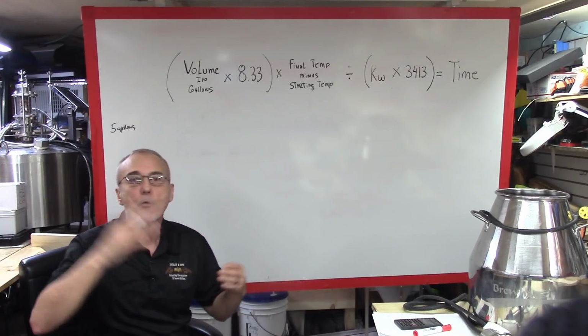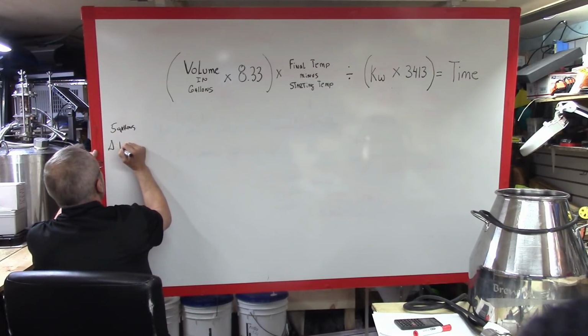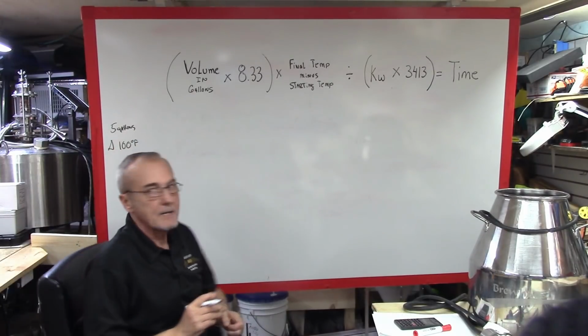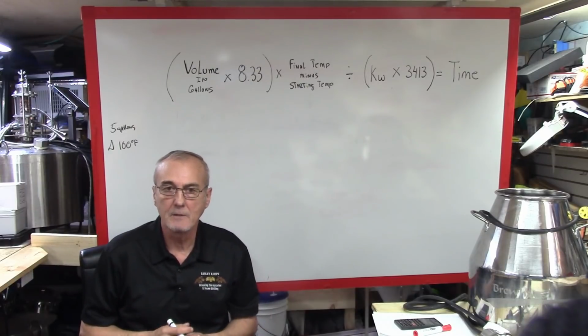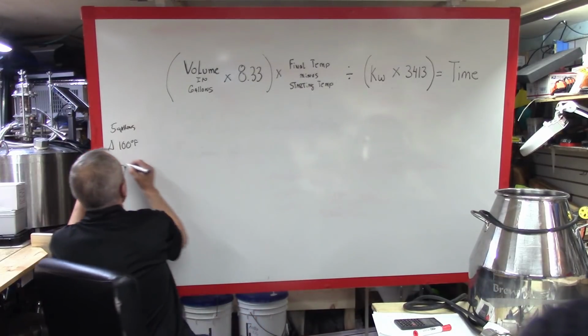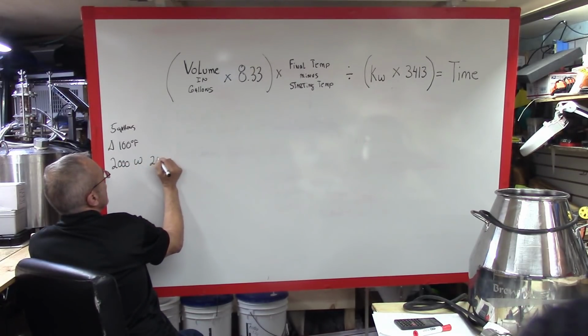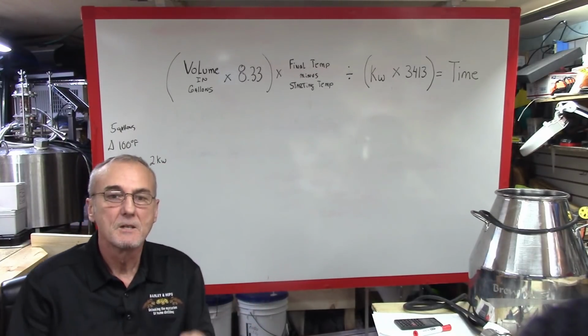We're at 75. We want to get to 175. So we need a change of 100 degrees Fahrenheit. And in this particular case, we're going to use a 2,000 watt element, better known as a 2 kW, 2 kilowatt element. All right. So that's where we're at.